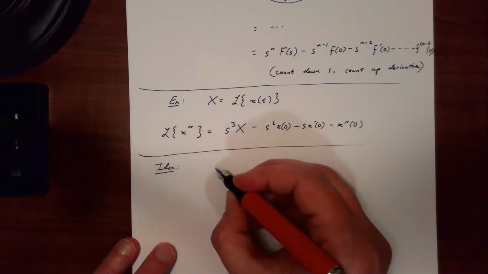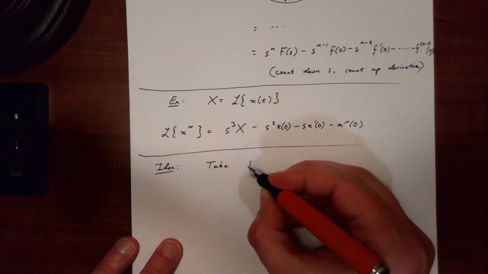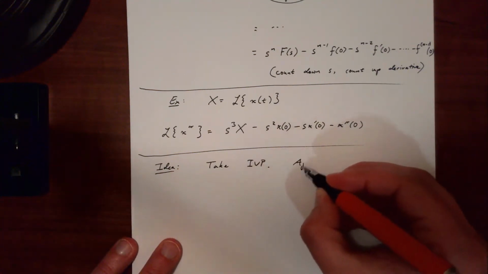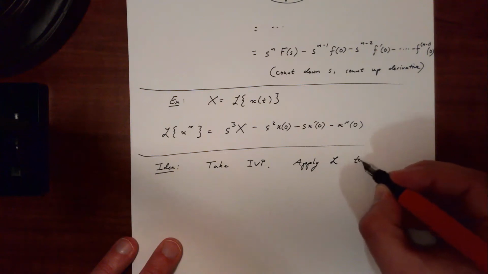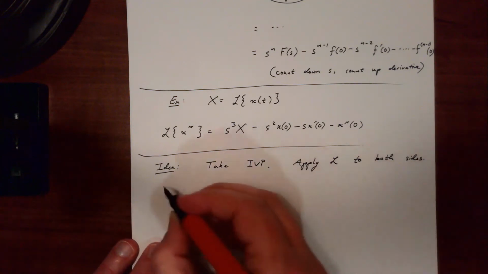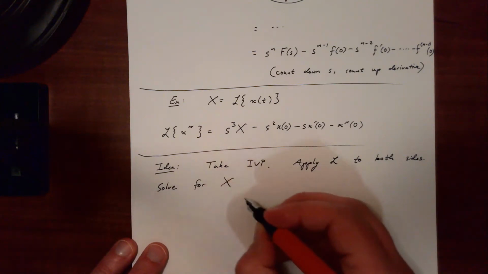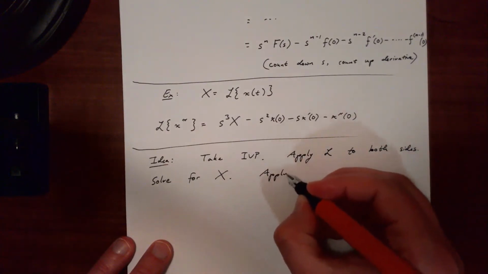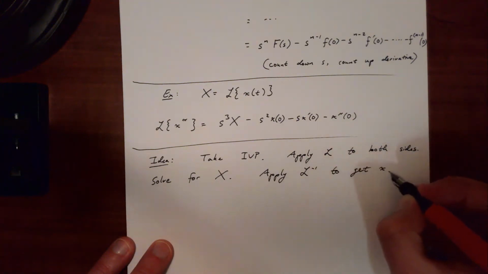Take your initial value problem, apply the Laplace transform to both sides, solve for capital X, the Laplace transform of x, and then apply the inverse Laplace transform to get little x.